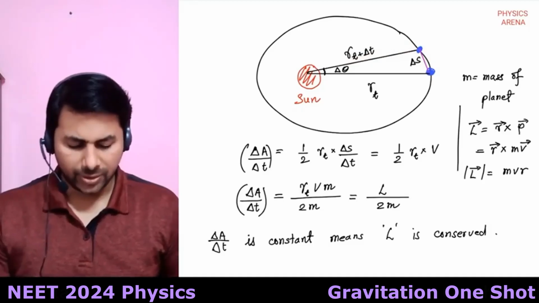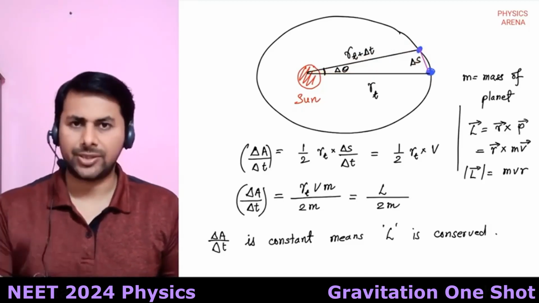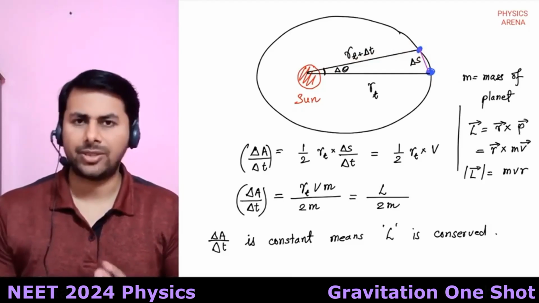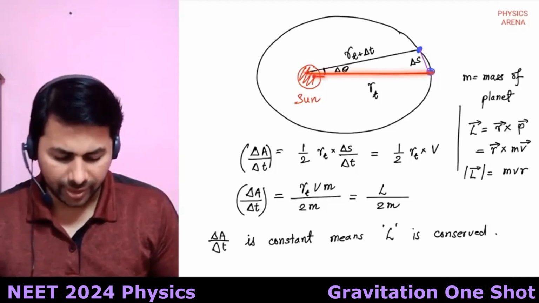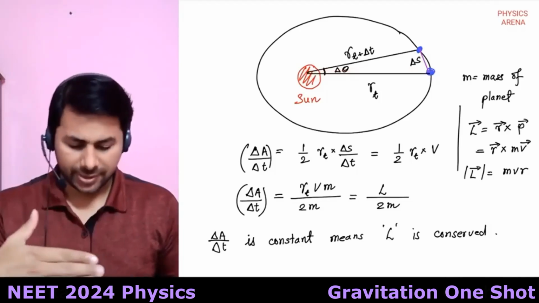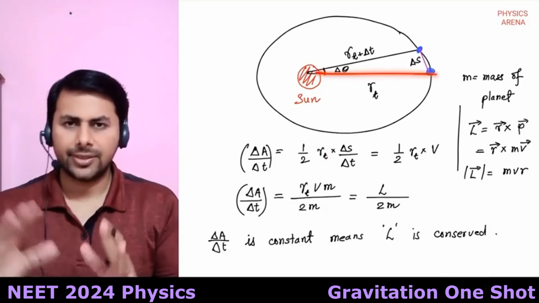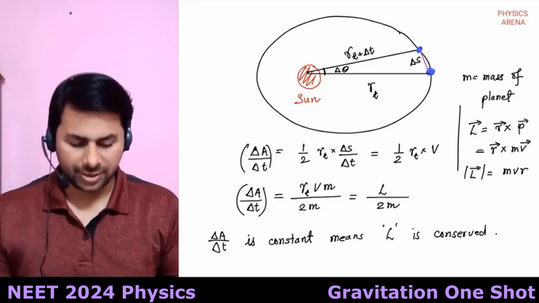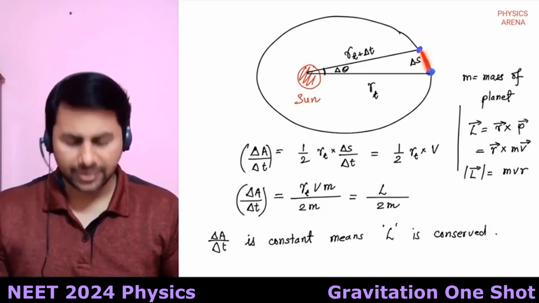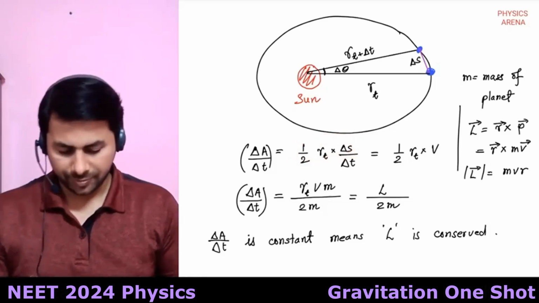How will you find the area of this triangle, the area through which earth is moving? It is half of base into height. If this triangle is very small, you can say that r_t, the radius or position vector at time t, is the base, and delta s is the height. So half of base into height is the area.